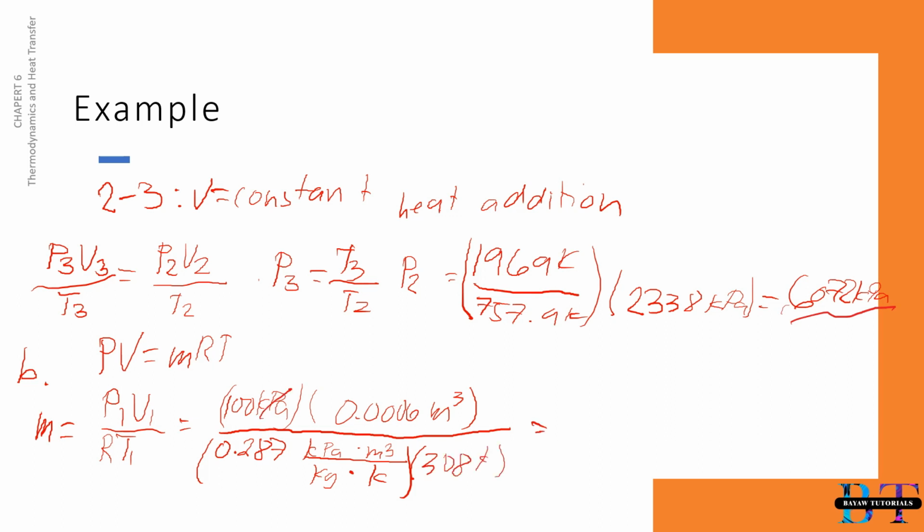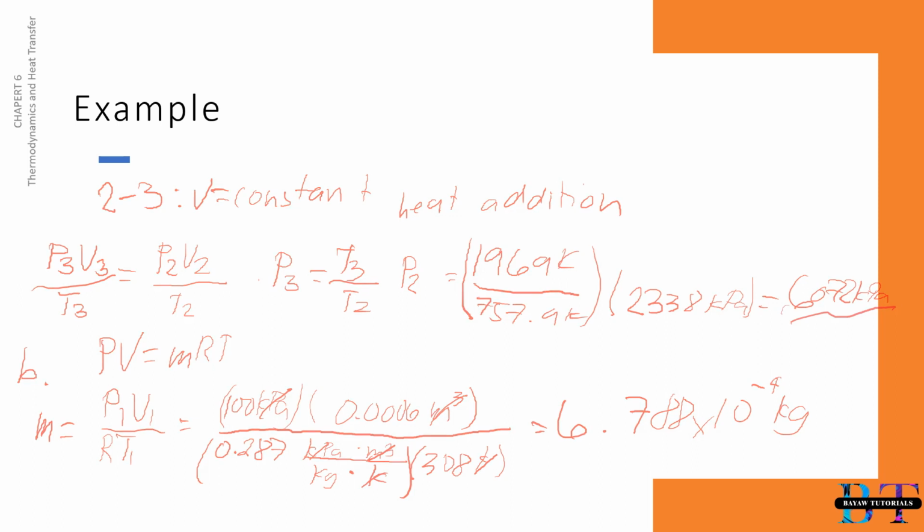So cancel kilopascal, cubic meter, Kelvin. So our mass is equal to 6.788 times 10 raised to the power of -4 kilogram.